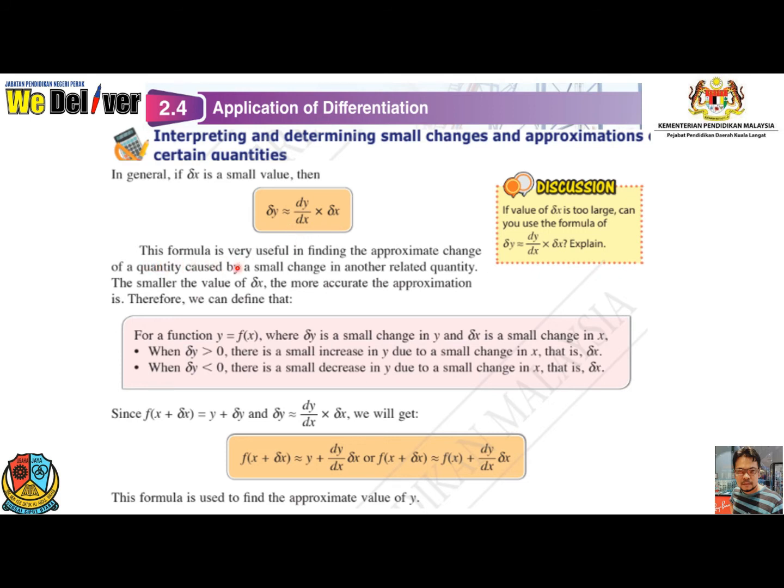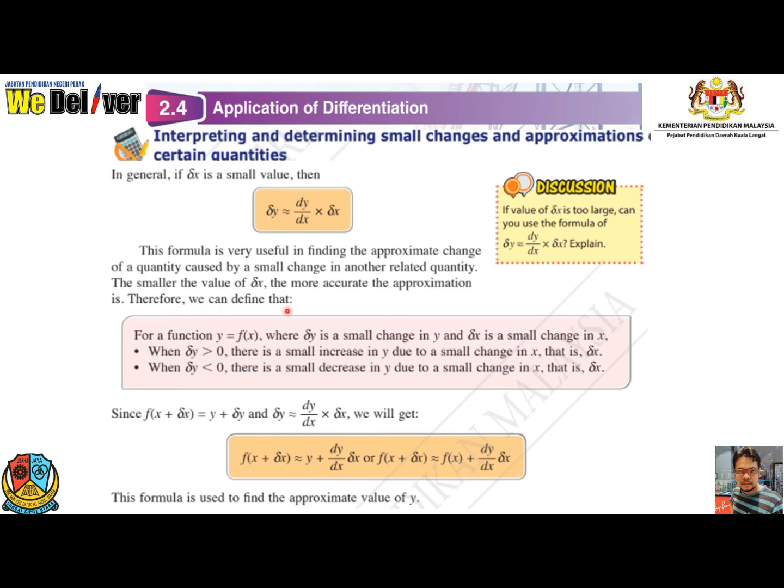This formula is very useful in finding the approximate change of a quantity caused by a small change in another related quantity. The smaller the value of delta x, the more accurate the approximation is.